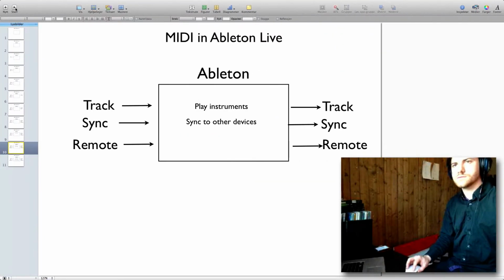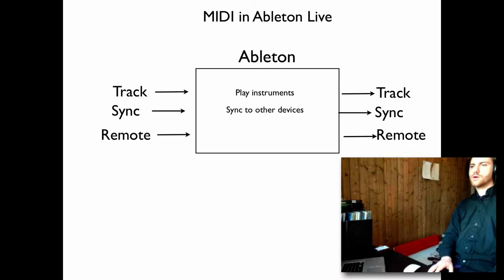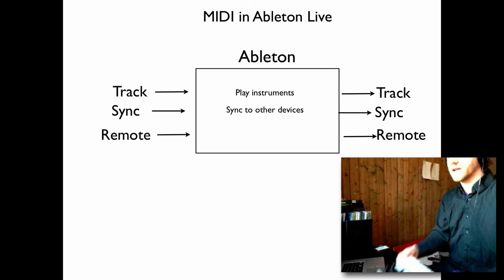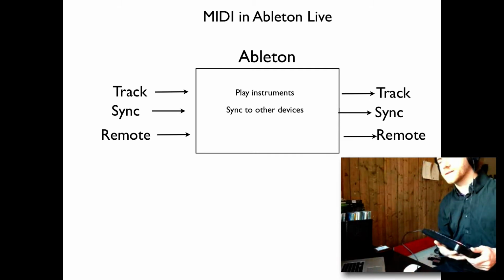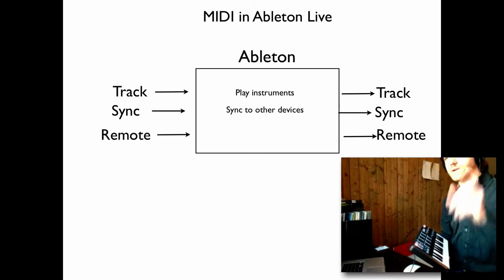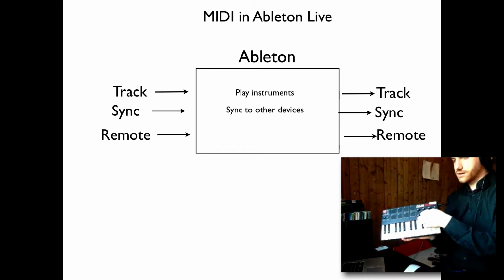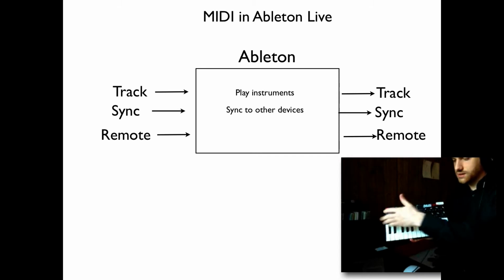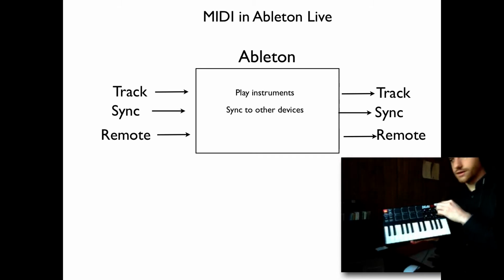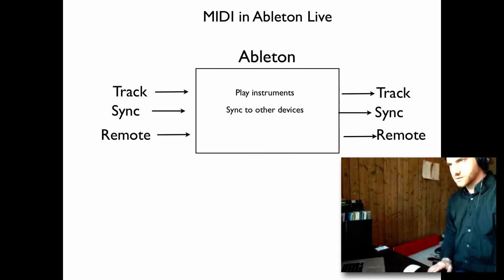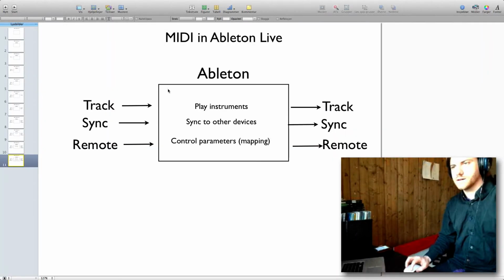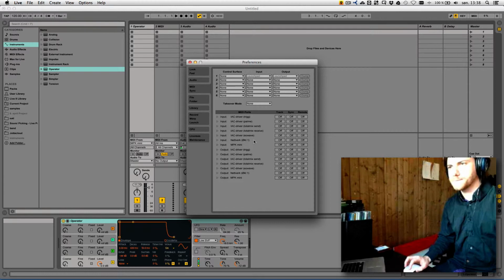The last one, called remote, is to control parameters in Ableton, like with mapping, as I explained in the previous video with the controllers. So I can control faders or buttons with these other knobs here. So it's to control parameters. I'll show you how that's done.